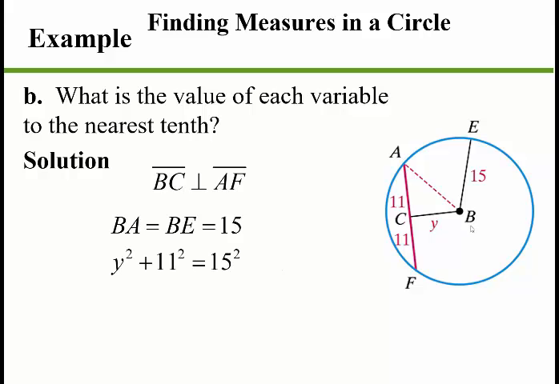Just using the Pythagorean theorem, 15 is the radius. So y squared plus 11 squared is equal to 15 squared. After I square 15 and subtract 11 squared by moving it over, I get y squared is equal to 104. So when I take the square root, y is equal to roughly 10.2 units.